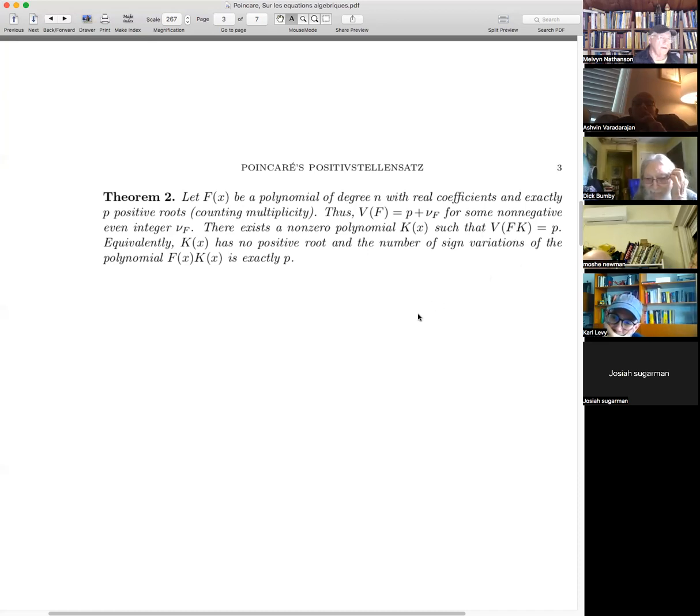So the proof uses high school algebra. Actually, it's just a little bit of trig, basically.